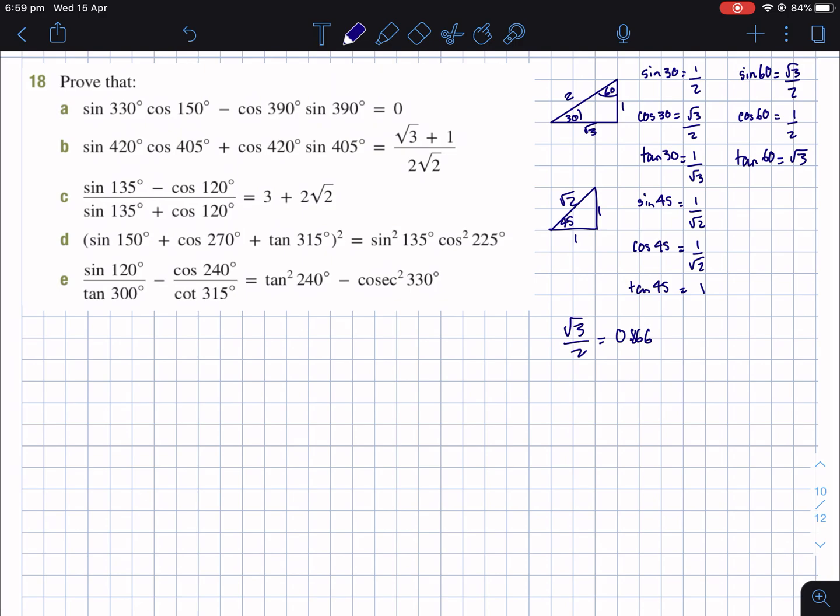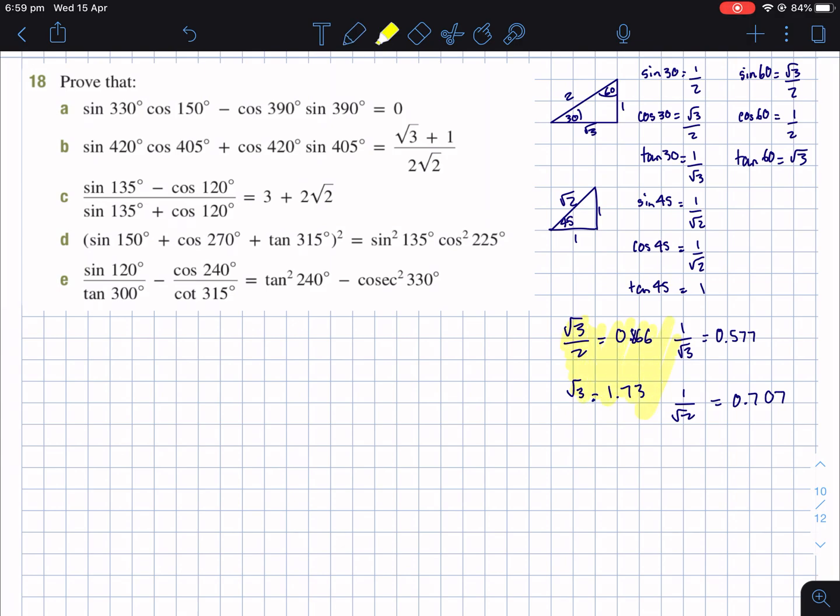The other important ones to know, 1 on root 3, that's 0.577. And just root 3 on 1, 1.73. And the other important one, 1 on root 2, 0.707.